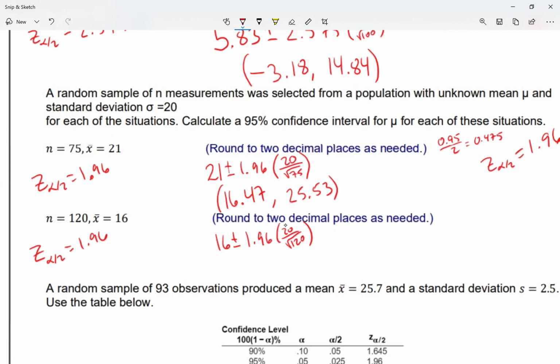And my interval is going to be in between 12.42 and 19.58.